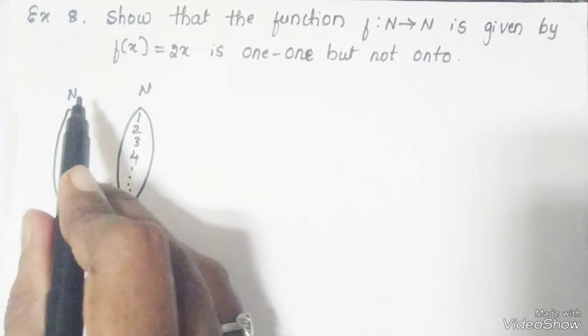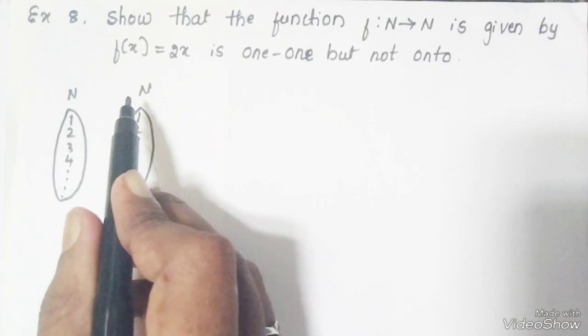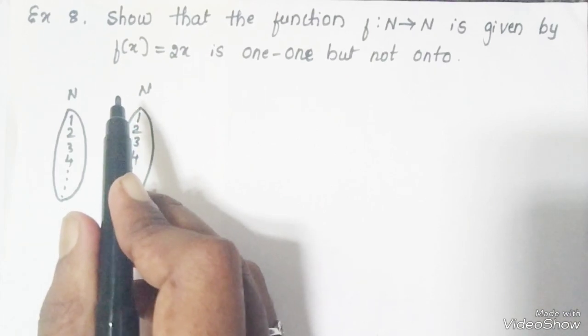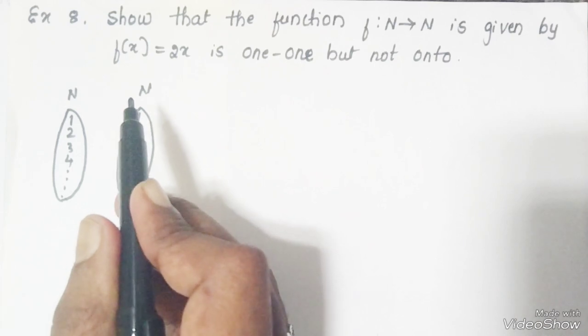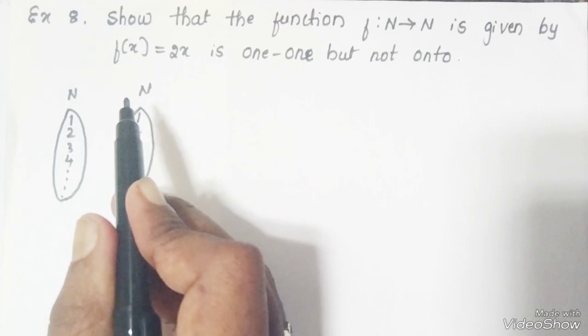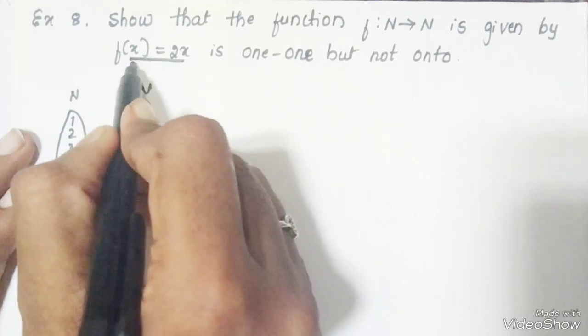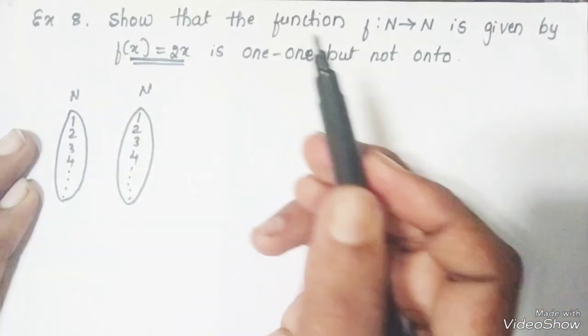It means simply the function could be one-one and also onto. Sometimes the function depends on these conditions.